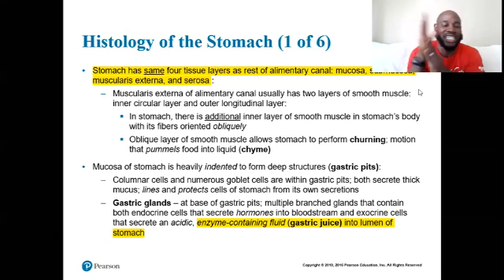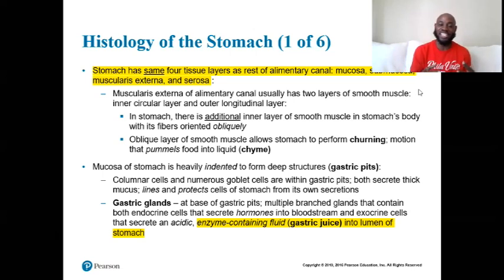You have gastric glands at the base of gastric pits. The idea here is that these are multiple branched glands that contain both endocrine cells, which secrete hormones into the bloodstream, and exocrine cells that secrete an acidic, enzyme-containing fluid called gastric juice into the lumen of the stomach.